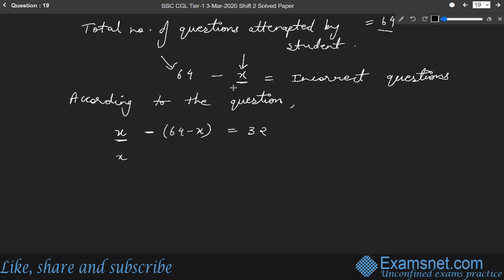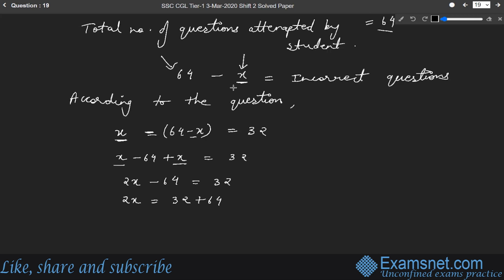So x minus, opening this bracket, minus 64 and minus minus will be plus, so plus x is equal to 32. Again x plus x will be 2x. 2x minus 64 is equal to 32. Then 2x will be equal to 32 plus 64.